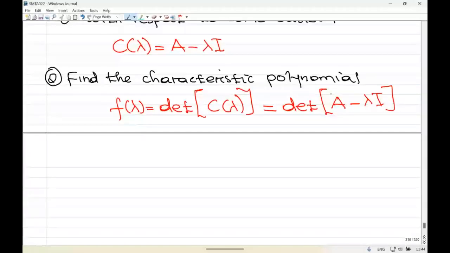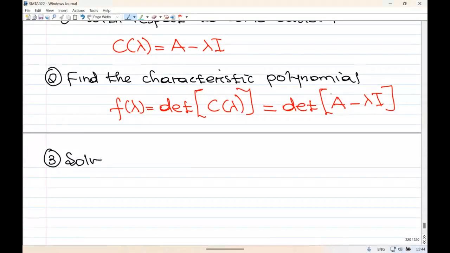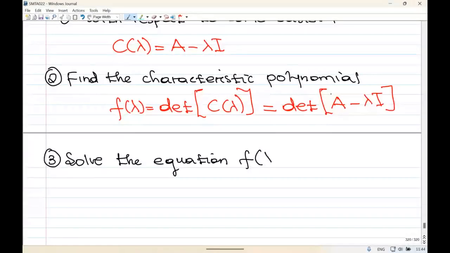Then number three, the procedure. You are going to solve the equation where you say f of lambda is equal to 0. You are going to factorize that polynomial of order whatever.